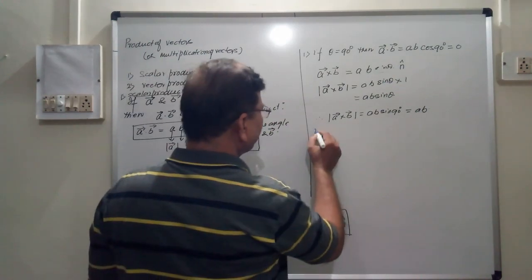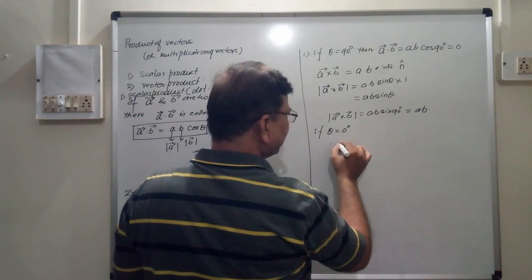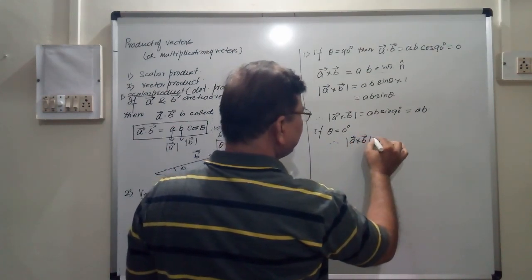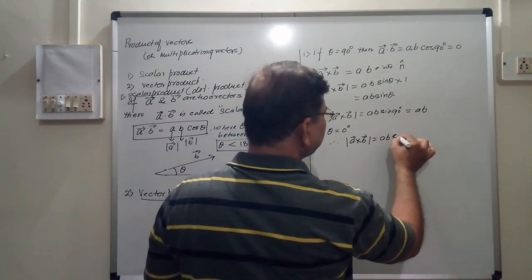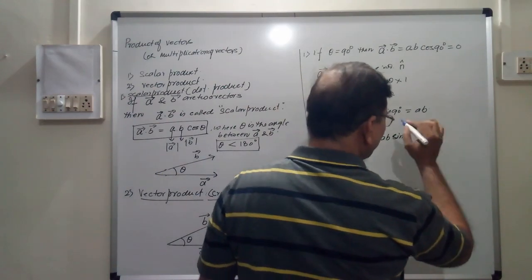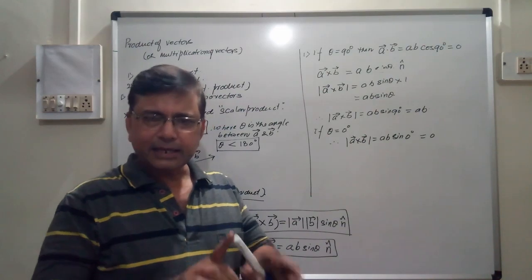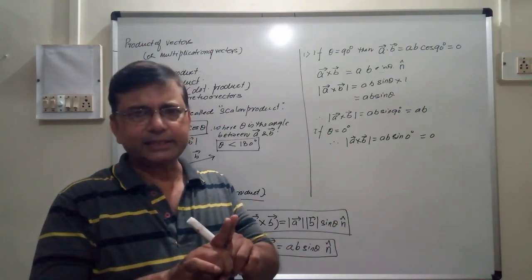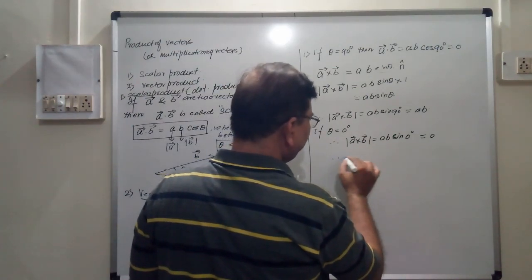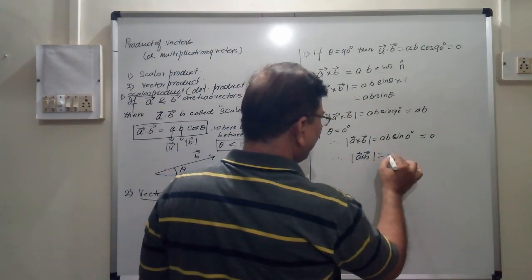If theta is equal to 0 degree, therefore mod of A cross B is equal to AB sine 0 degree, and sine 0 is 0. So when two vectors A and B are making 0 degree angle with each other, then the magnitude of their cross product will be equal to 0.